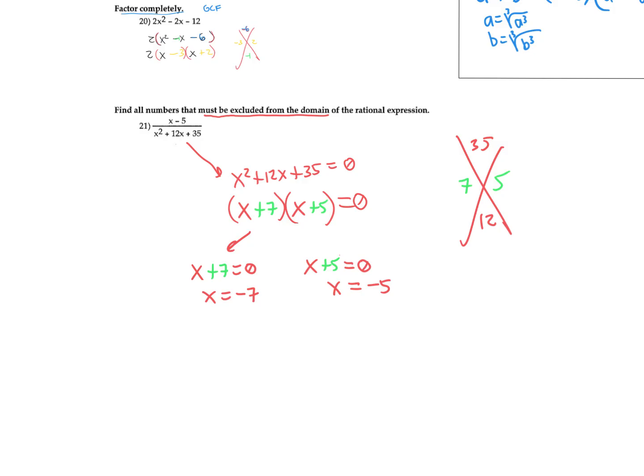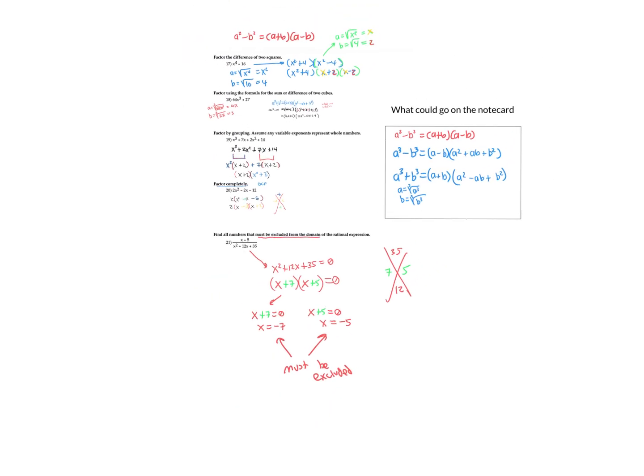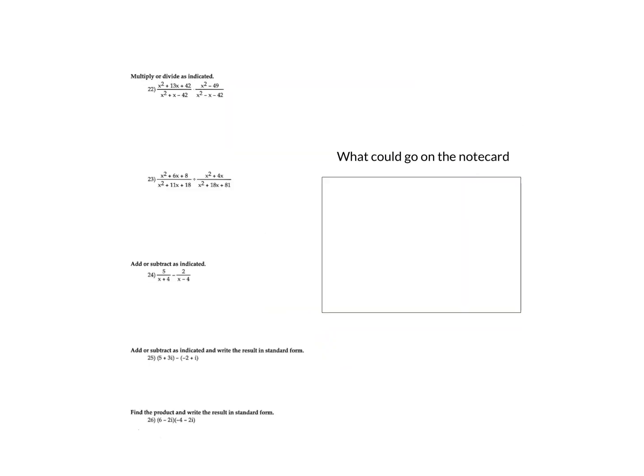Okay. In math land, you're not allowed to have undefined fractions. You're not allowed to have zeros in the denominator. Okay. So therefore, these must be excluded. And the reason they're excluded is because they would cause the bottom to be 0. All right. So that's that. What else? Okay. That's it for that.